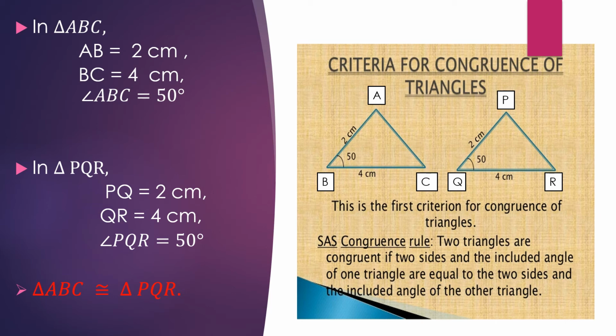SAS congruence states that two sides and the included angle of a triangle are equal to the corresponding sides and the included angle of another triangle, so the two triangles are congruent to each other. So this is about the first criterion, SAS congruence rule.